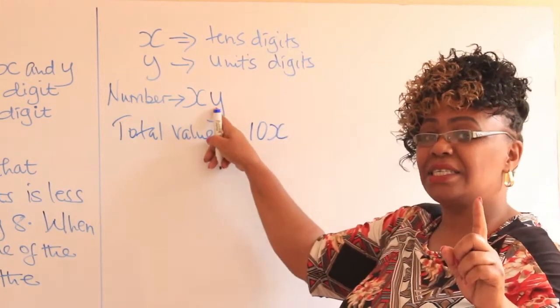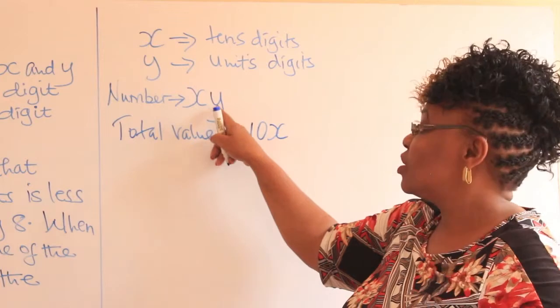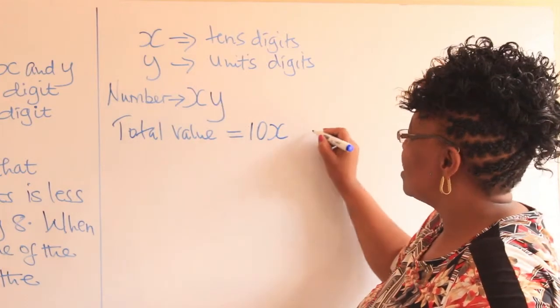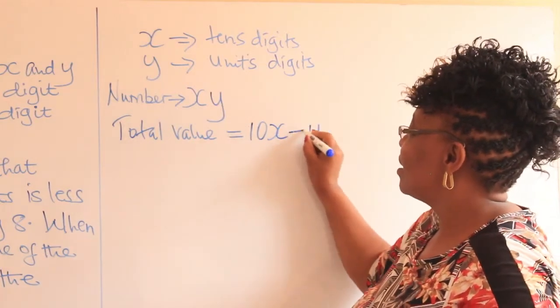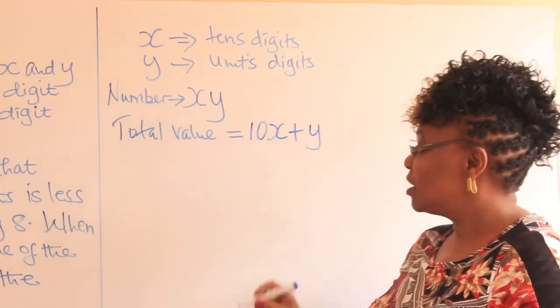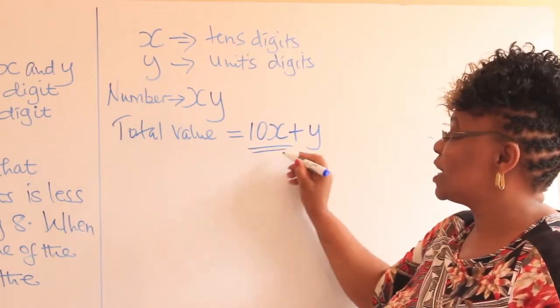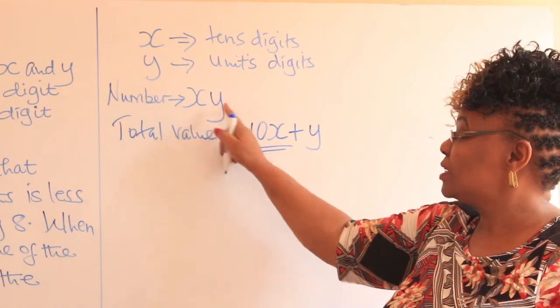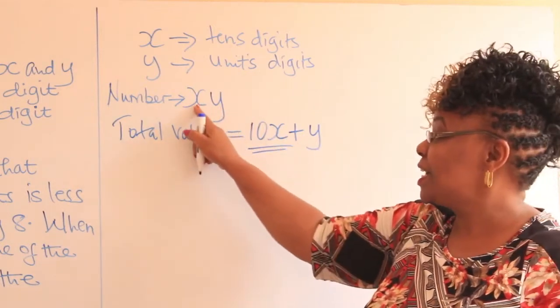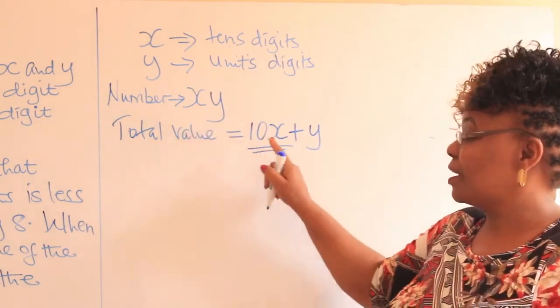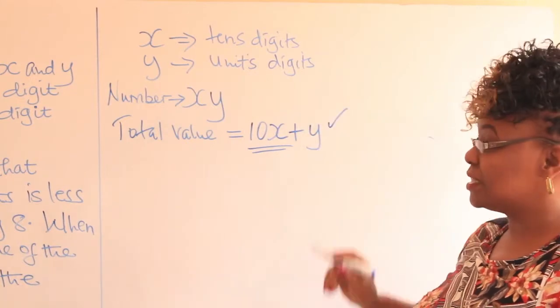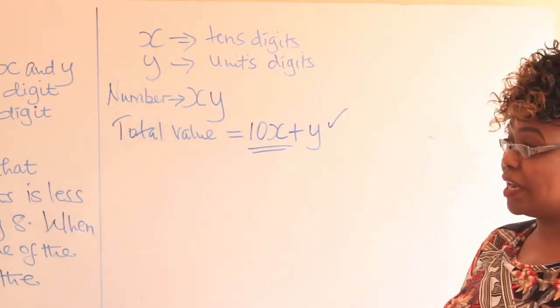Y is the ones digit, so it is y times 1, which gives us y. Then you add. So this is the total value of our number: 10x plus y.